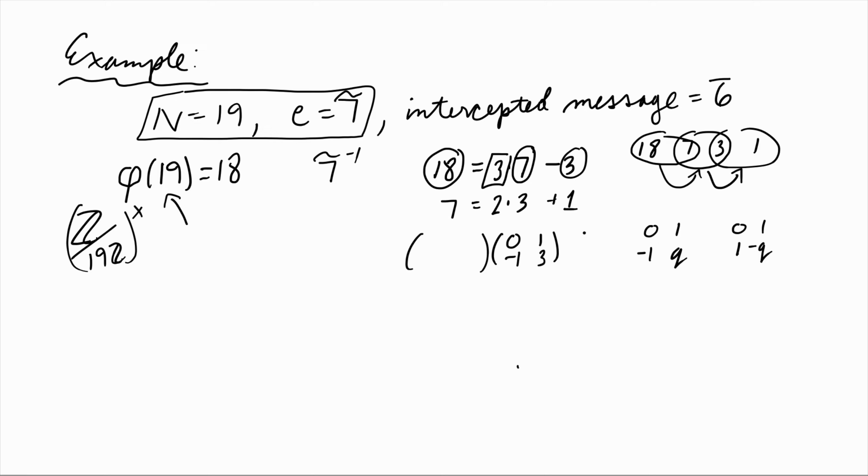Okay, so the idea is that to move from 18, 7, if I were to plug 18, 7 into this matrix, what I get out is 7, 3, and then that comes into the next matrix function, which should give me out a 3, 1.